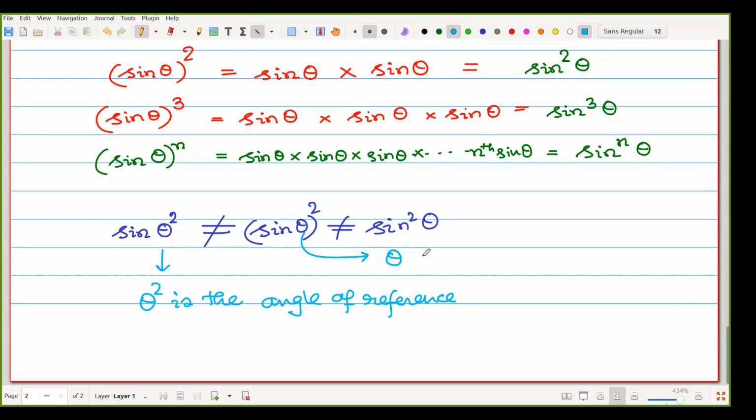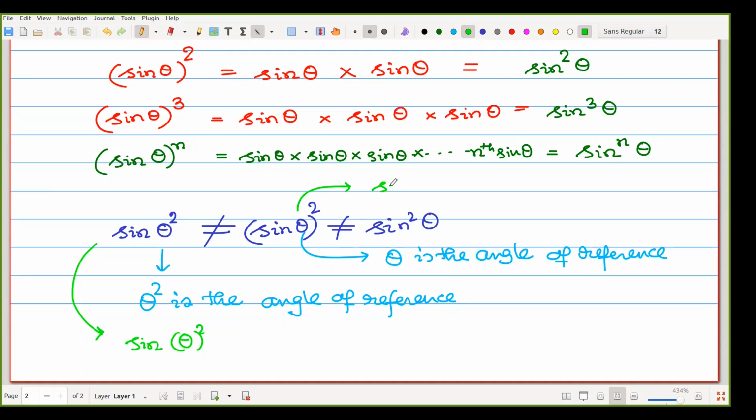So we can write it more precisely as sine of theta square, not sine theta square. The other can be written as sine of theta whole square, or sine square theta. So when the bracket is there, whole bracket, that is different. When only the angle is powered, that is different.